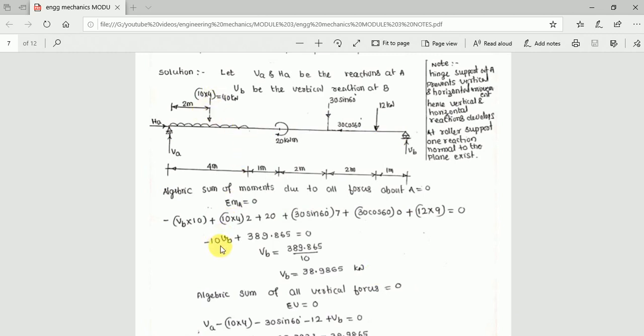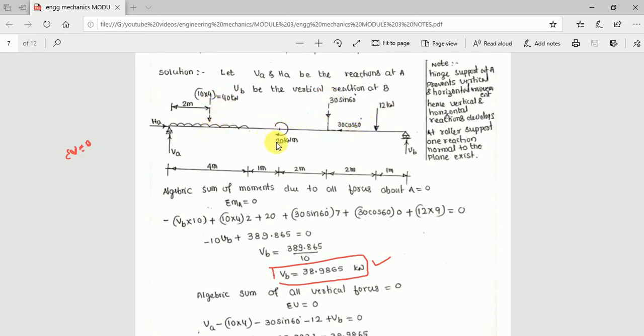So upon simplification, you will get the value of VB as 38.965 kilonewton. Now, the next step is to find the algebraic sum of vertical forces, which should be equal to 0. VA and VB are acting in the upward direction, so take them as positive, and other forces are acting in the downward direction, so take them as negative.